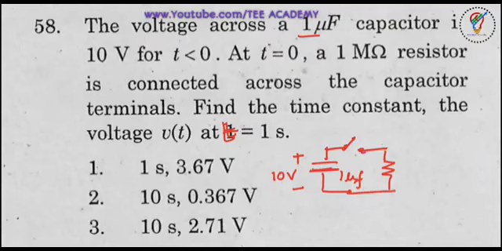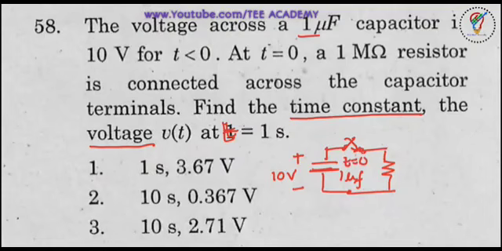Find the time constant and the voltage at t equal to 1 second. So we need to find first the time constant. After that, the voltage V of t after the switch is closed. At t equal to 0, it is in open state.